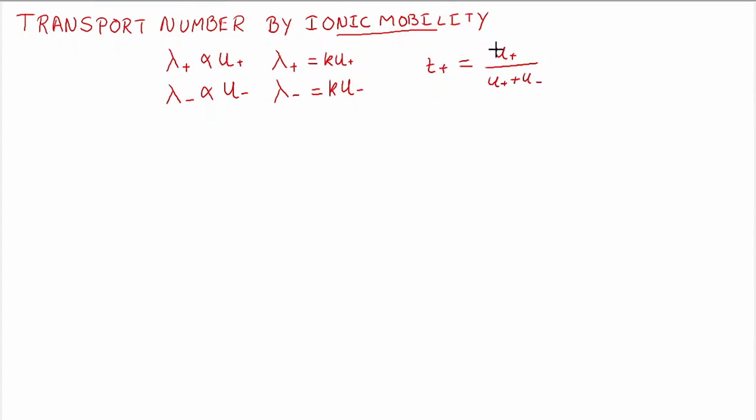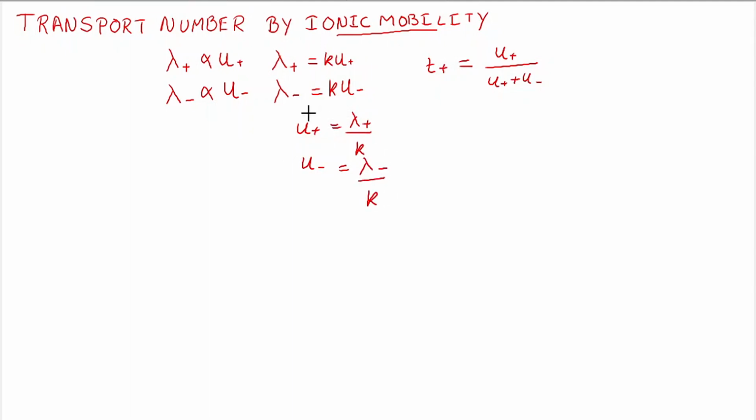So this is the definition, and hence we could rearrange these terms and write u plus is equal to lambda plus upon k, and similarly u minus is equal to lambda minus upon k.